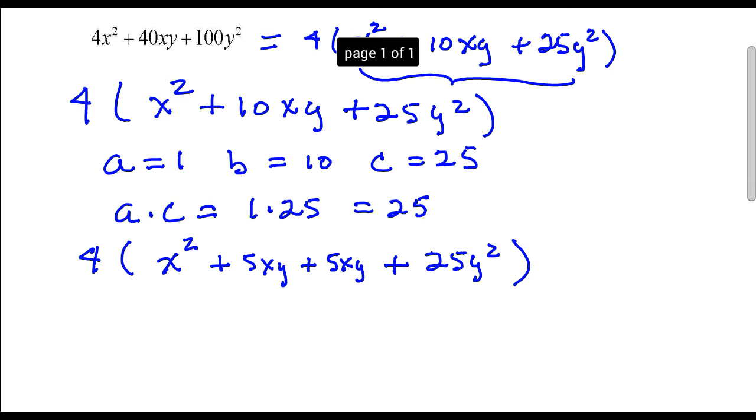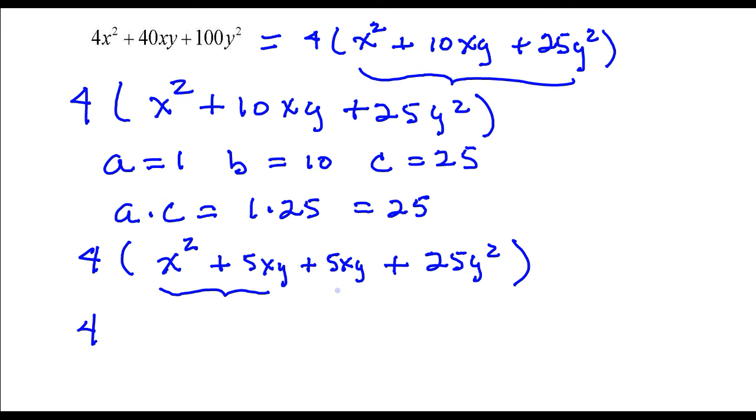Okay. Now, I'm going to go ahead and factor this 4-term polynomial by grouping, and I do that by factoring the greatest common factor out of the first two terms, and then I'll factor the greatest common factor out of the last two terms. So the greatest common factor of these first two terms is going to be an x.